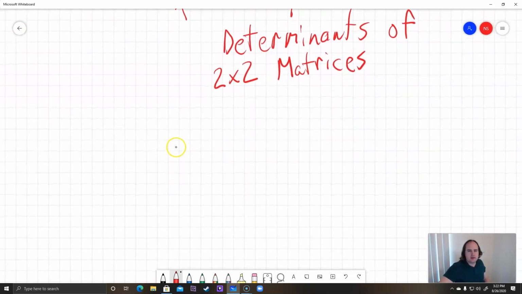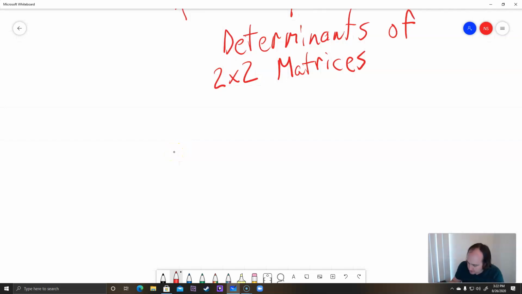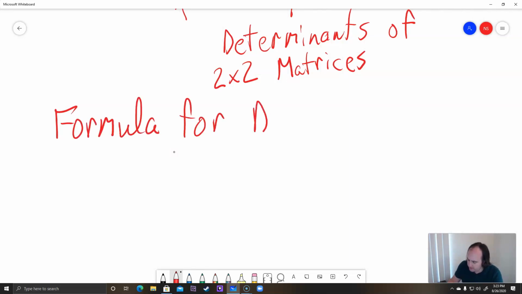So let me write down the determinant formula. So formula for determinant of a 2x2.